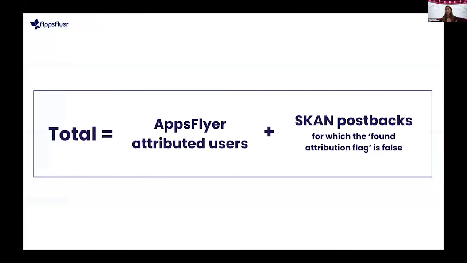Then, in the aggregation itself, we will take all of AppsFlyer attributed users and add to it all of SKAN prospects for which the found attribution flag is false. That way, we will enjoy the advantages of both worlds and overcome some of the disadvantages of each model. We will be able to provide a single source of truth where each user is being represented only once.